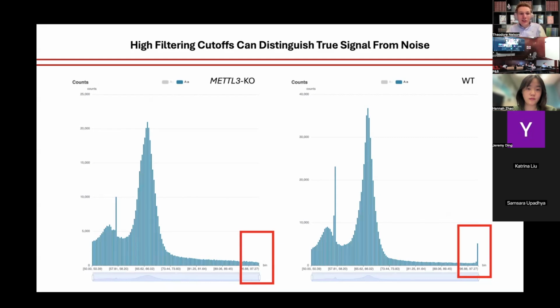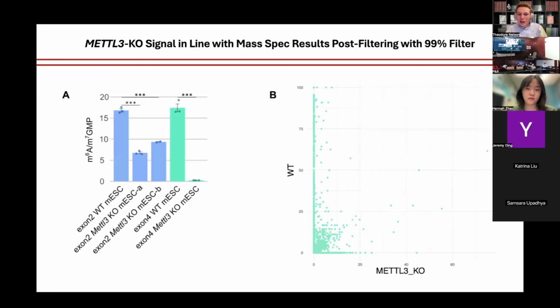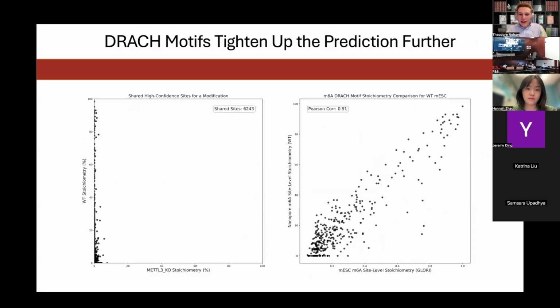When you go from the 75% filter to the 99% filter, you not just take these true positives, but when you look at the plot of the wild type distribution versus the METTL3 knockout distribution, there's an actual very distinguishable difference, and you get a lot more m6A stoichiometry that ultimately lines up with the mass spec data.